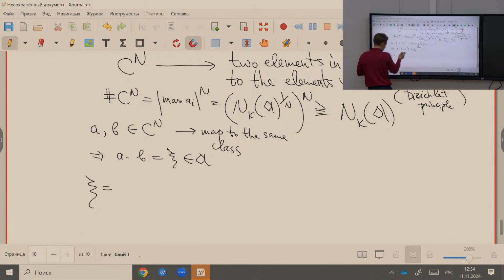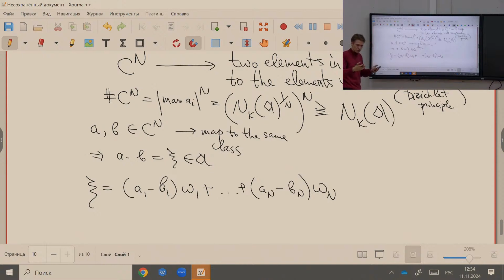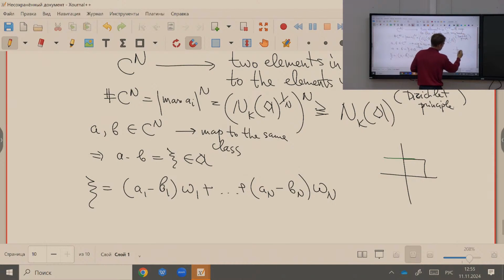This is a fine observation: the difference of two elements in the box, the coordinates of the difference of course can be negative, but the size is bounded.